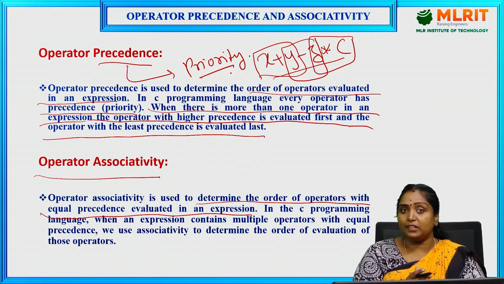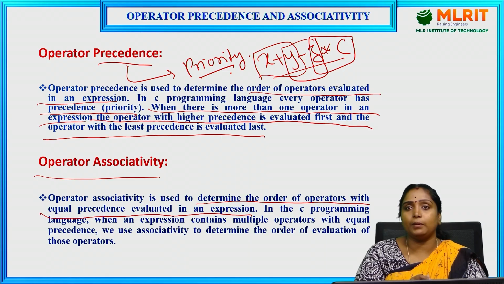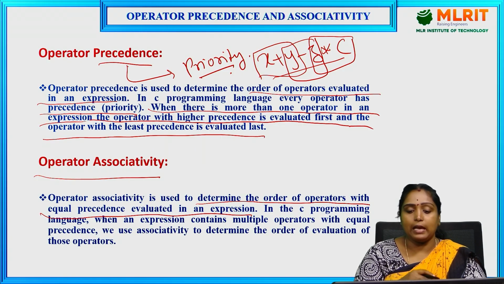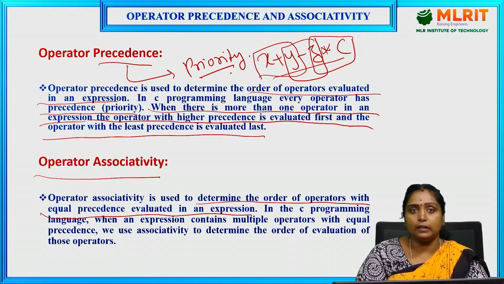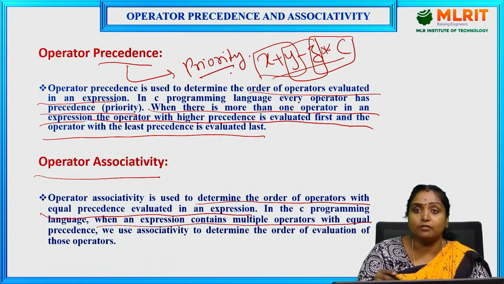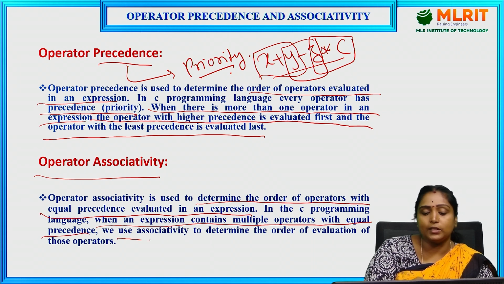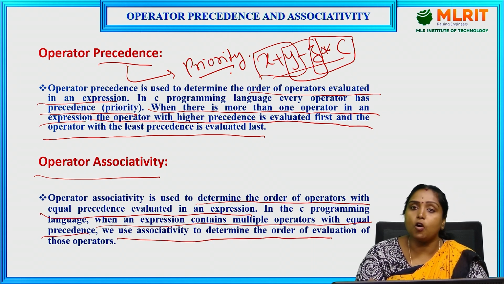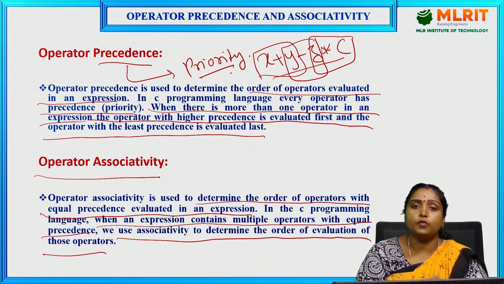In C programming, when an expression contains multiple operators with equal precedence, we use associativity to determine the order of evaluation of those expressions.